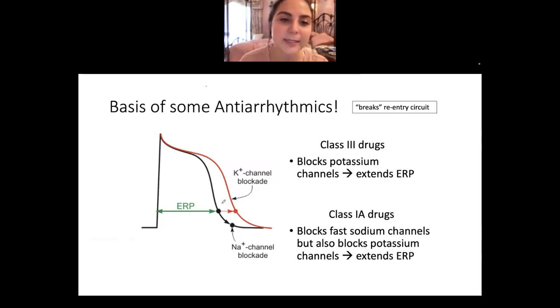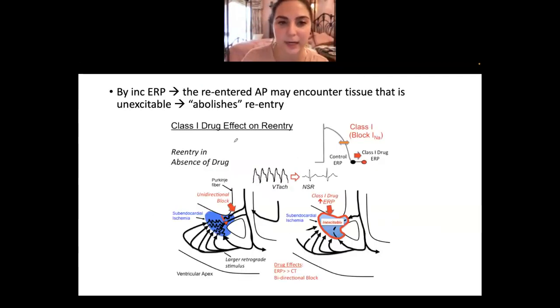Your class 1s block sodium channels, which are not involved with potassium channels, but the 1As specifically also block the potassium channels. And anytime you block potassium channels, you're automatically extending the ERP because you're making the action potential longer. So you're extending the absolute refractory period, the effective refractory period, the relative, all those refractory periods. But the main one that helps with not allowing another activation or depolarization is the effective refractory period.